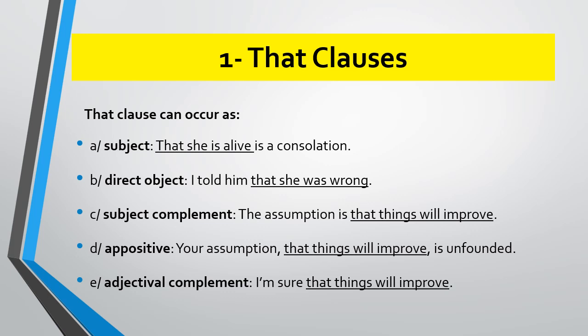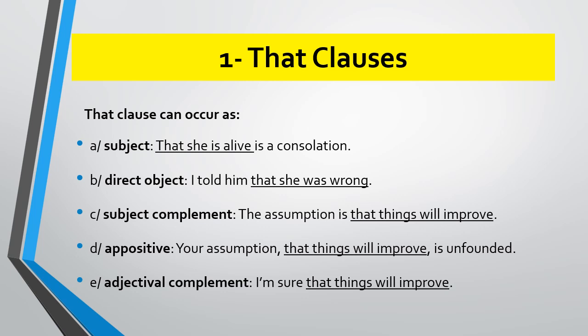Now, the first function is the subject. That she is alive is a cancellation. That she is alive is the subject here. Direct object, I told him that she was wrong. Subject complement, the assumption is that things will improve.